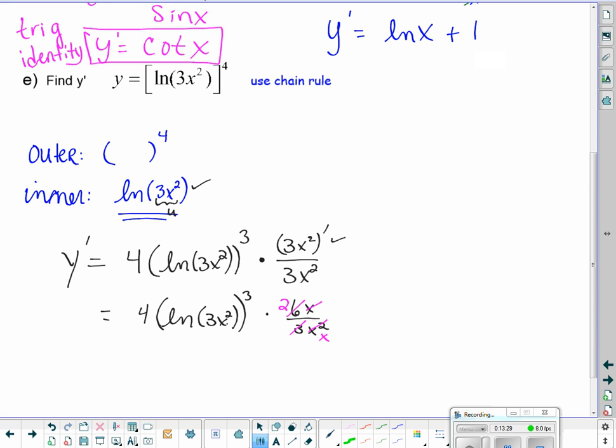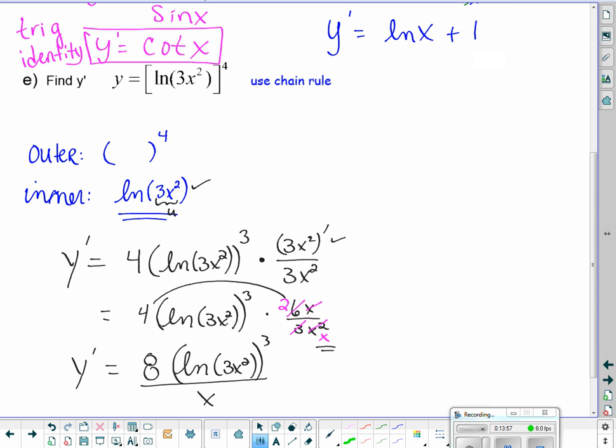All right, that will get us an answer of y prime equals. Do you see how I can take the 2 and multiply it by the 4 and get 8? 8 times natural log of 3x squared, quantity cubed, over x. And that x is coming from that guy right there.